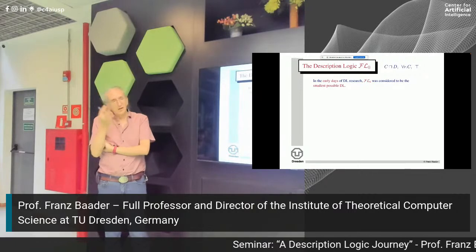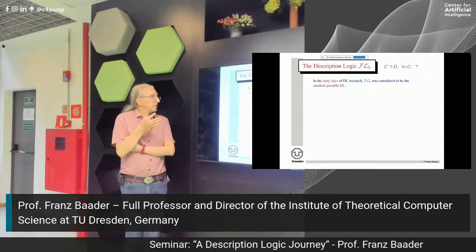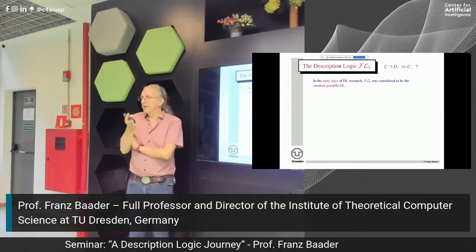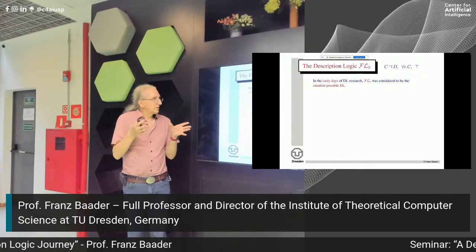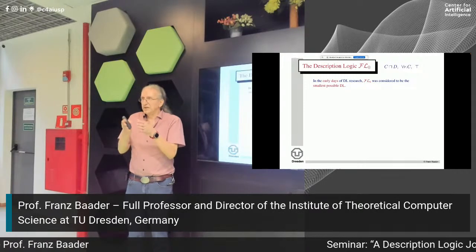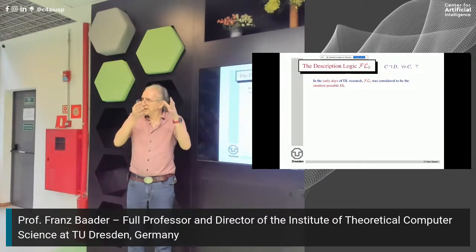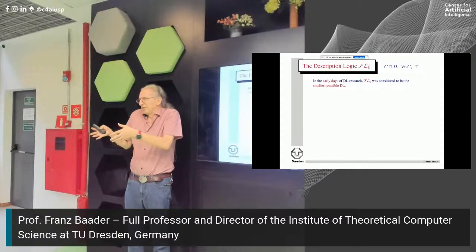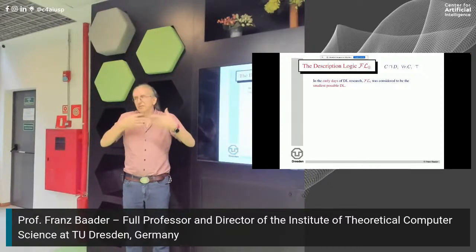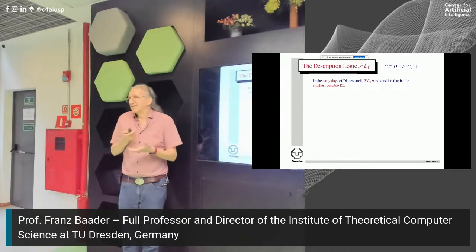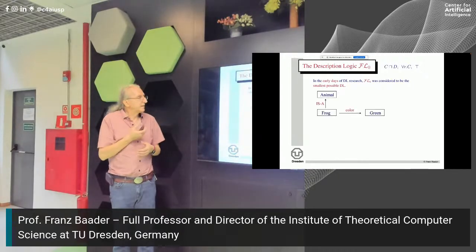And in the early days of description logic research, FL0 was considered to be the smallest description logic ever. Because you need conjunction, because you need to be able to state that something should have several properties. Without that, you cannot really define things. And then the value restriction was sort of a decision made at the beginning.